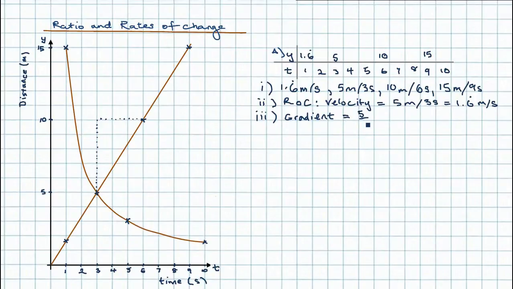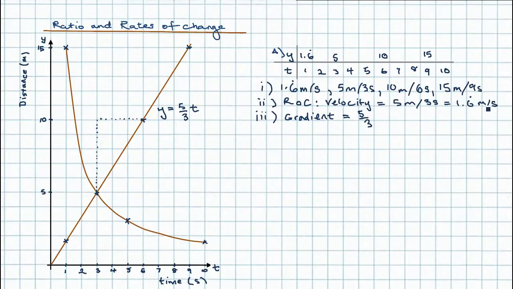And from that, we can get the formula for our line. y equals 5/3 of t, our dependent variable. Why have we done that? Because you'll have noticed that 5 over 3 is the same as the velocity. The velocity is also 5 over 3, which we can then do as a division. So 5 divided by 3 gives us 1.6 recurring meters per second.